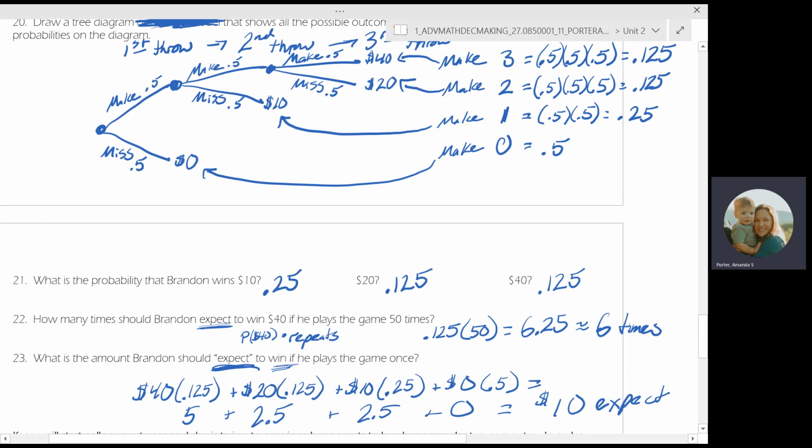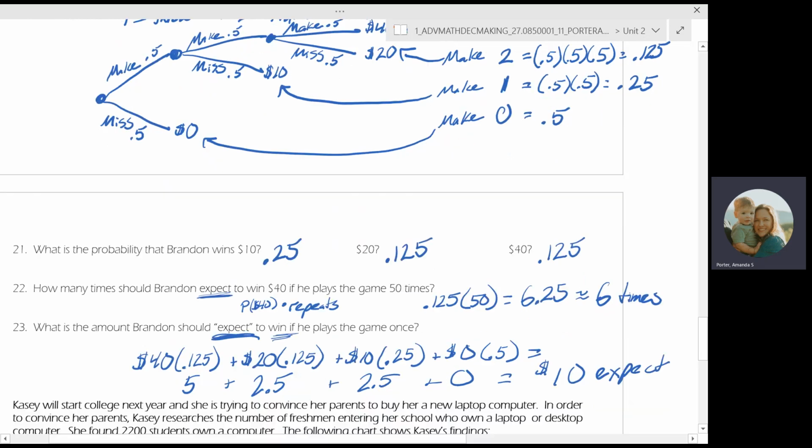So let's say you spent $3 on a ticket. This is all hypothetical. If you spent $3 on a ticket, you would expect to win $7 because you definitely spent 3. You would not win a full 10 because $3 is what you spent, and you would expect to win 7 of that 10 back. Very hypothetical situation.